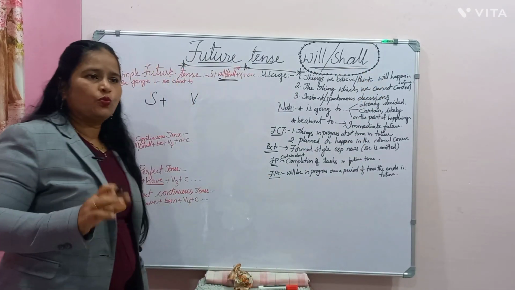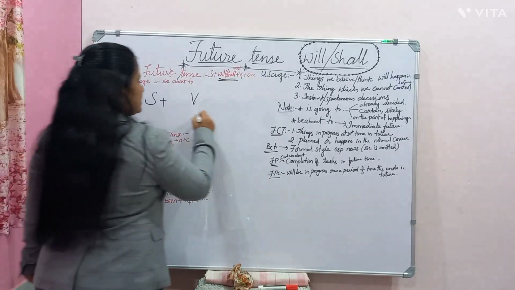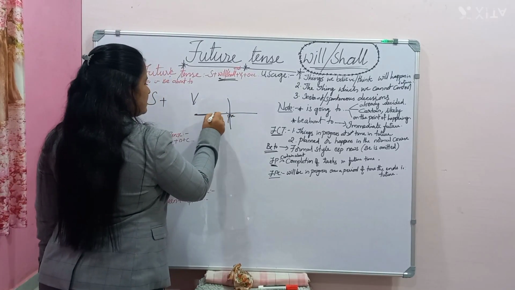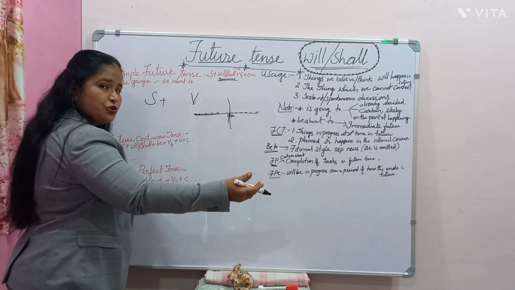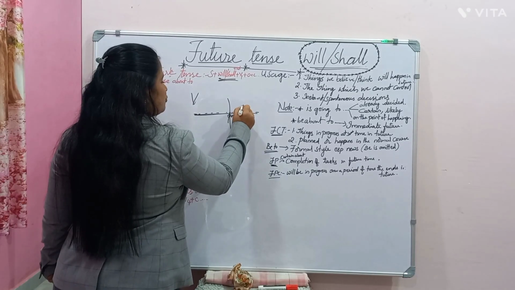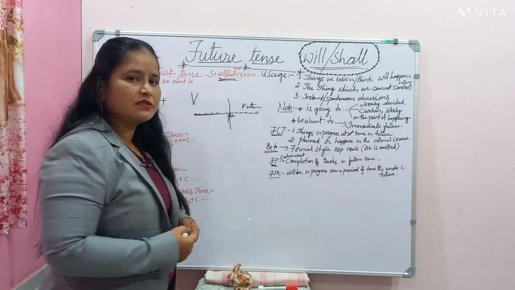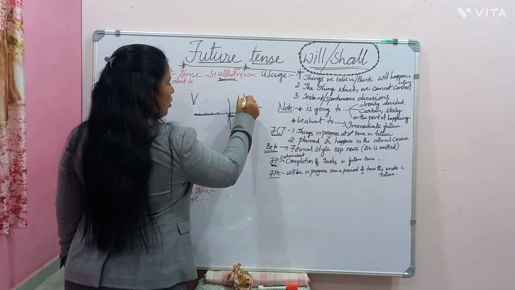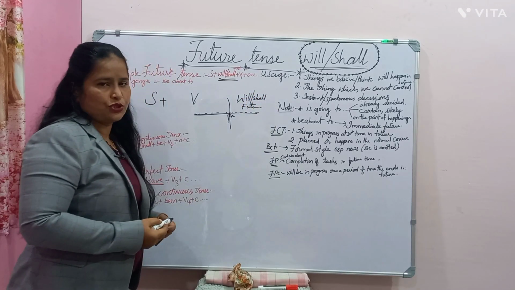If we are going to say something which is going to happen after a certain period, this is our present now, all this is our past, and from this second the things which are going to happen later are the future to us. So how we are going to express these things, that we are going to see. In the future, definitely, we can't make a future sentence without will or shall.